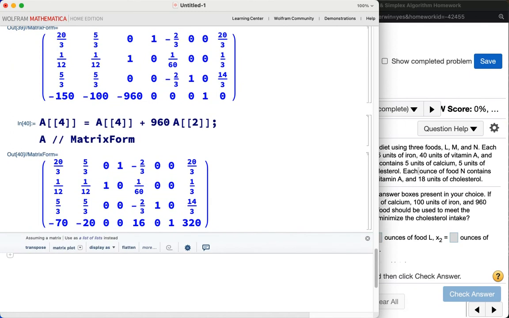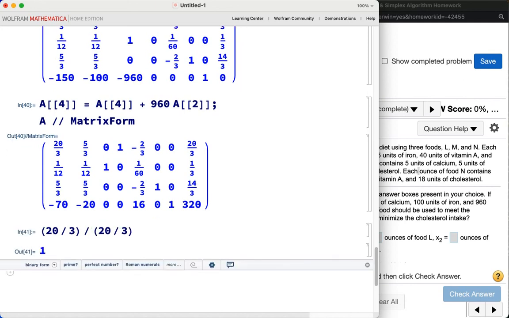We still have negative numbers though in the bottom row, so we need to get rid of that. We're going to pivot in this column right over here, because that has the most negative number in the bottom row. 20 over 3 divided by 20 over 3 is, of course, 1.